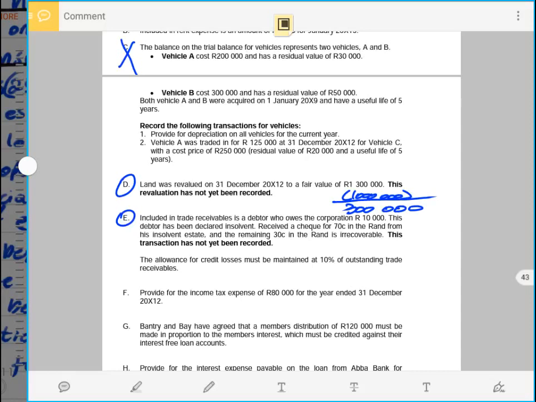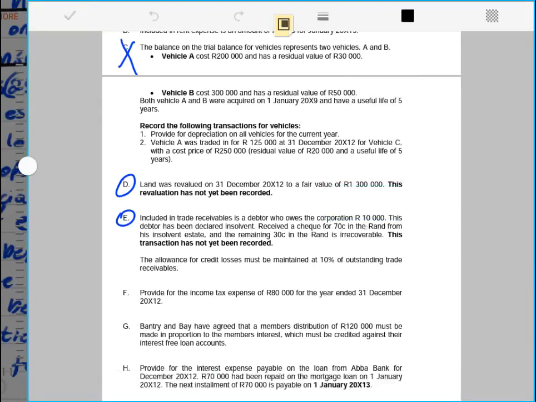Included in the trade receivables is a debtor who owed the corporation 10,000 rands. So now we had a debtor that owed the closed corporation 10,000 rands. This debtor has been declared insolvent, received a check of 70 cents in the rand from his insolvent estate, and the remaining 30 cents in the rand is irrecoverable.